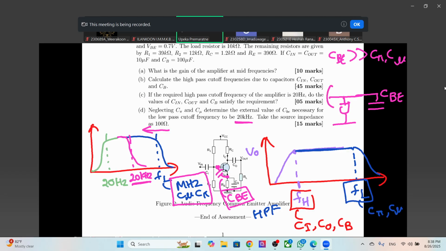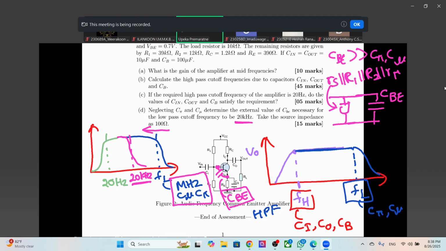Here, the equivalent resistance for the relaxation loop will become RS parallel to R1 parallel to R2 parallel to R pi. So it is the same, it does not change.